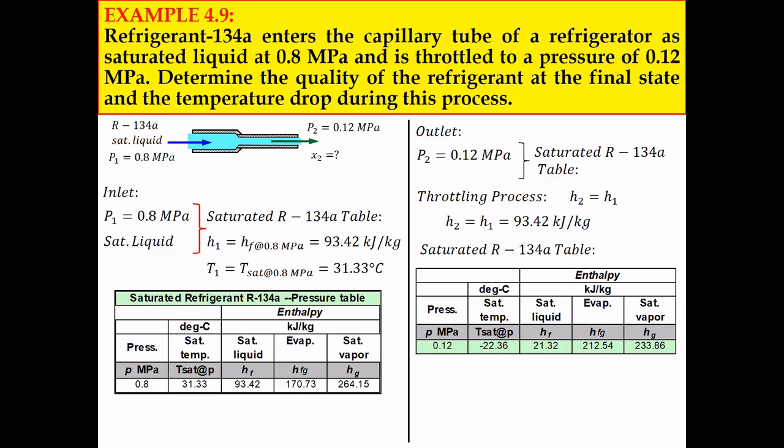If the value of H2 is lower than Hf, the phase will be compressed liquid or subcooled liquid. If the value of H2 is in between Hf and Hg, the phase will be saturated mixture. Okay. Also find the value of Hfg. Maybe later on we can use this data in order to obtain the value of X2.